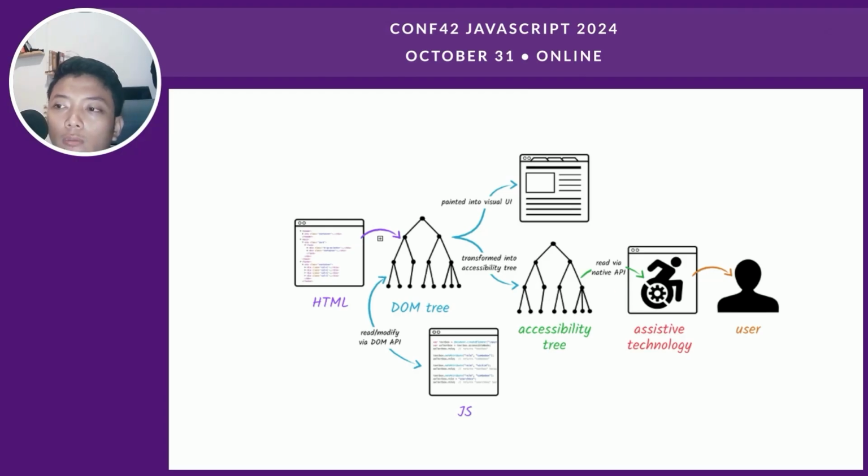They can read directly from the accessibility tree using a native API in the browser. They can use the technology they want, like screen readers or touchscreens. The screen reader provides the read API native to the accessibility tree, so the screen reader only looks at the accessibility tree, not the DOM tree.